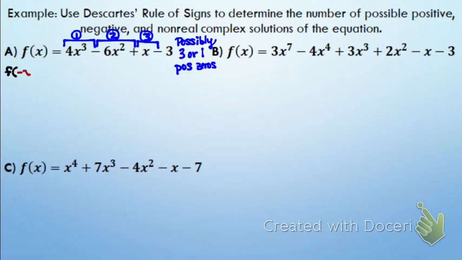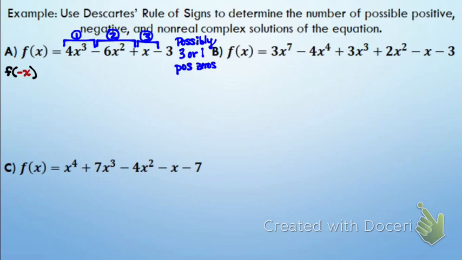We're just looking for when it changes from being a positive to a negative. This was a positive leading coefficient. The next sign was a minus, so that's different. It went from being positive to negative. Then I look between this one and this one. The signs are different, so that would be another change, another variation. From being a plus to a minus, I have one last variation here.